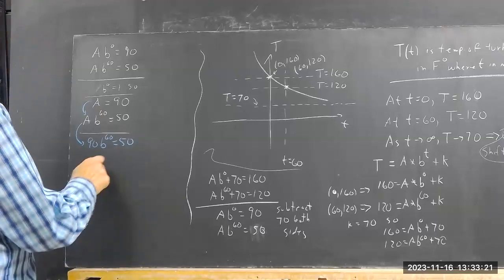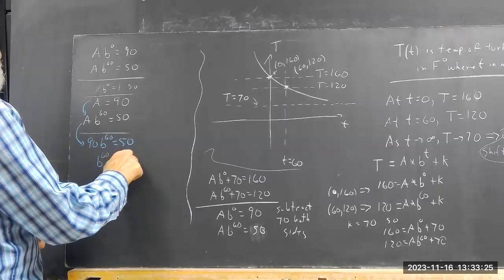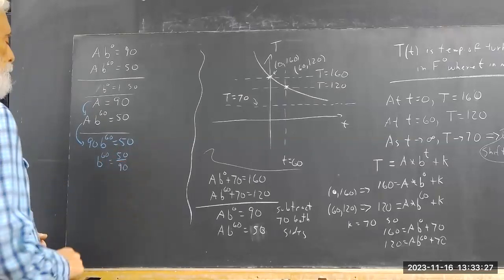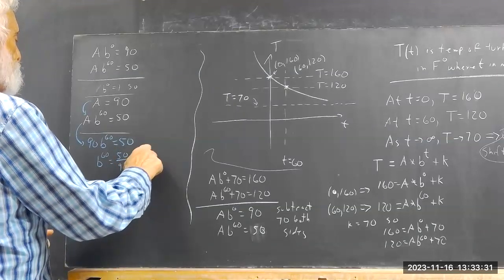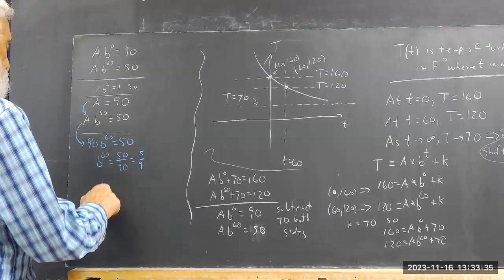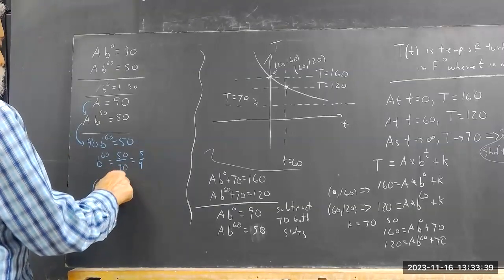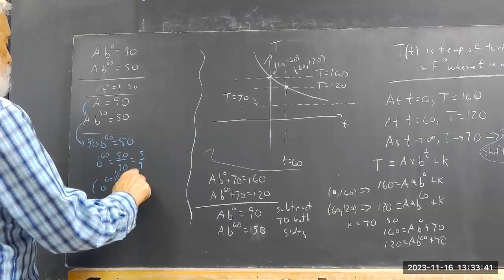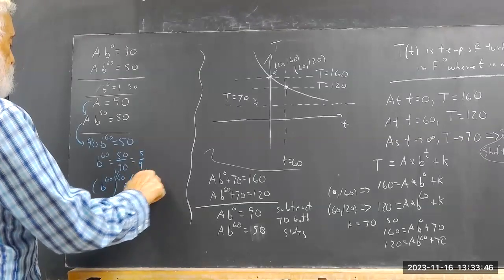Then B to the 60th is 50 over 90, which is the same as 5/9. And B to the 60th raised to the 1/60th equals 5/9 to the 1/60th.